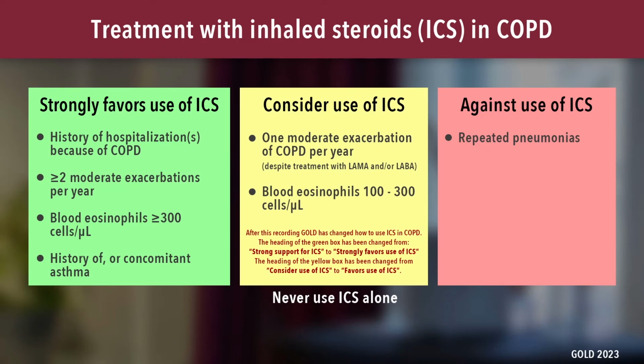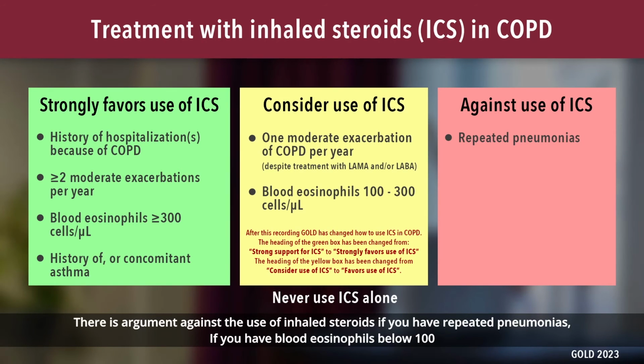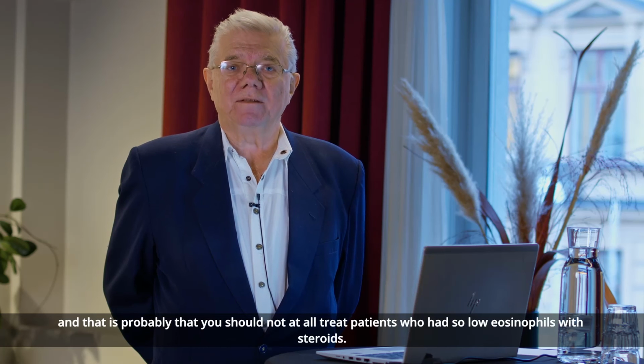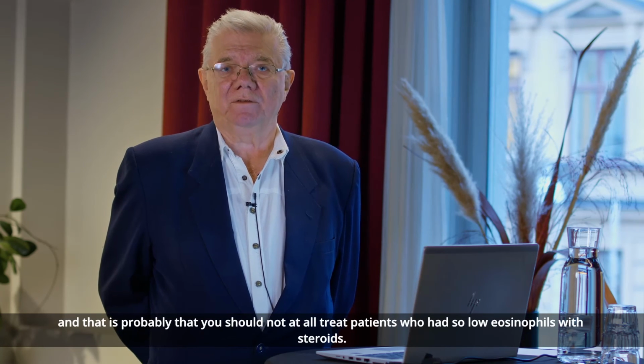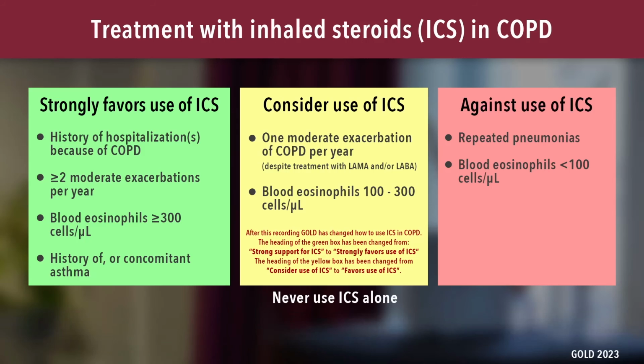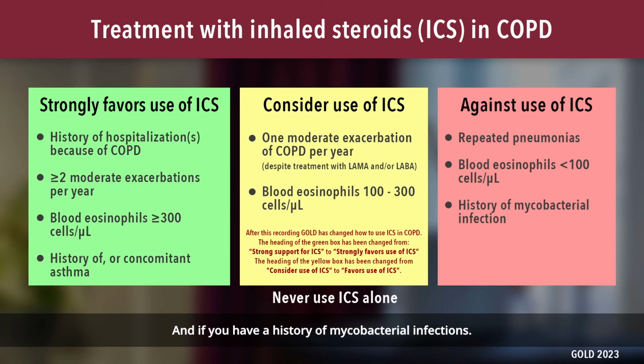However, there is argument against the use of inhaled steroids if you have repeated pneumonias, if you have blood eosinophils below 100, and that is probably that you should not at all treat patients who have so low eosinophils with steroids, and if you have a history of mycobacterial infections.